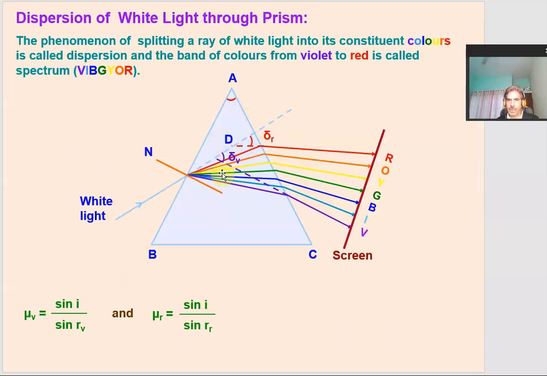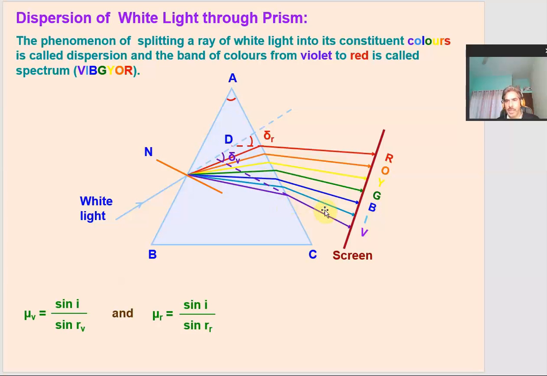Therefore the deviation of the red color will be least of all the 7 colors. As for the violet color, the refractive index is highest, so the violet color will suffer the highest deviation. The angle of deviation for violet, delta V, will be highest.